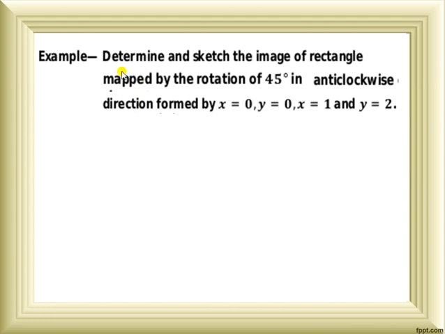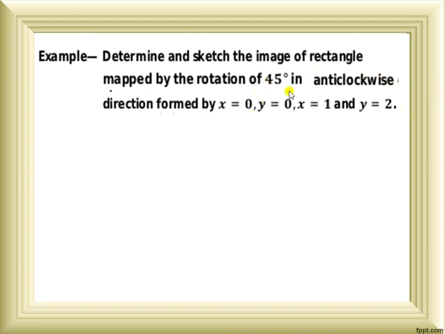So look at the example under this category. Determine and sketch the image of the rectangle mapped by a rotation of 45 degrees in the anti-clockwise direction, formed by x equal to 0, y equal to 0, x equal to 1 and y equal to 2. These are the lines given in the Z plane.